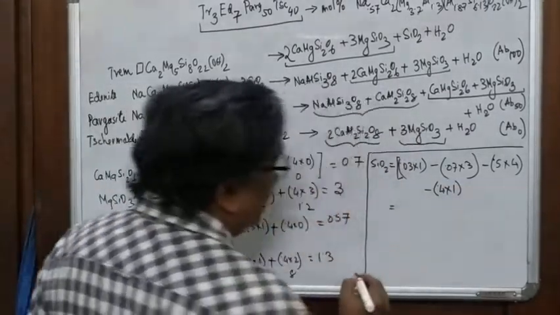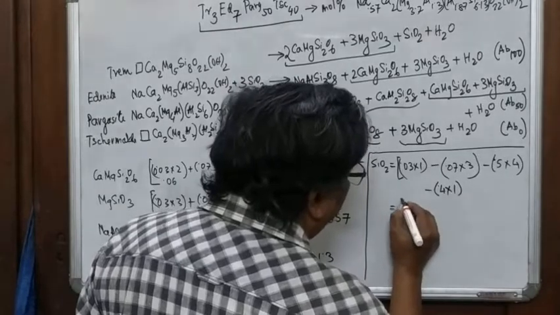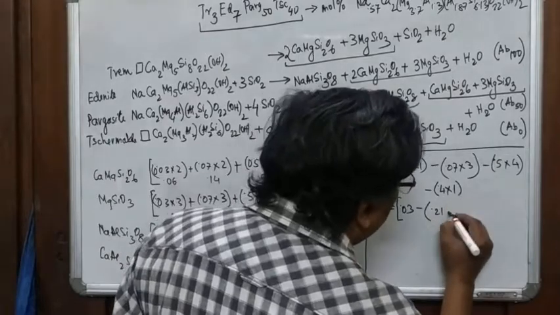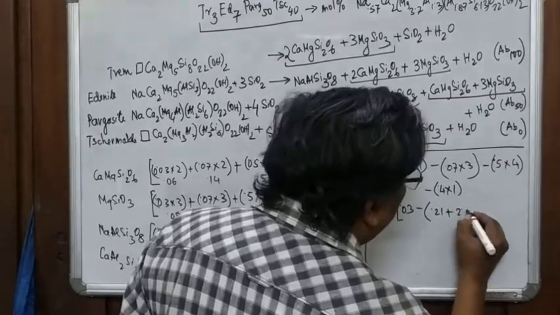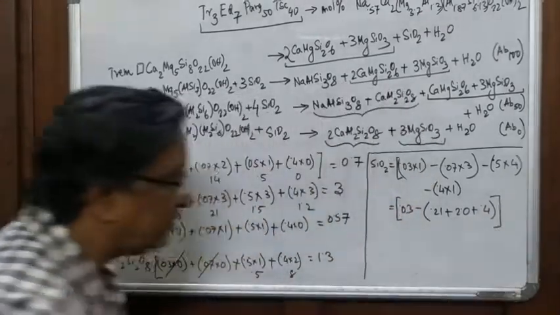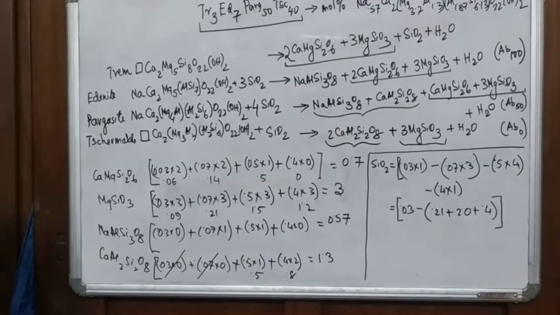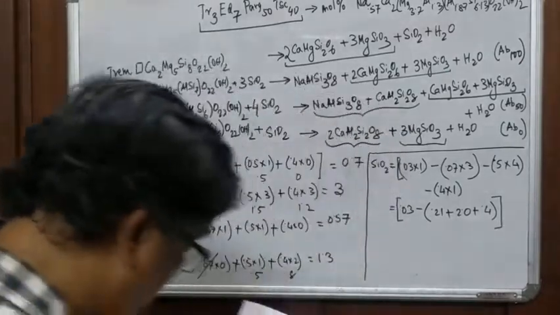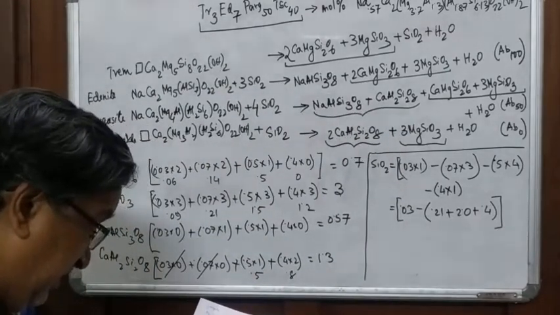and this should be equal to 0.03 minus 0.21 plus 2.0 plus 0.4. Is that right? Yeah.